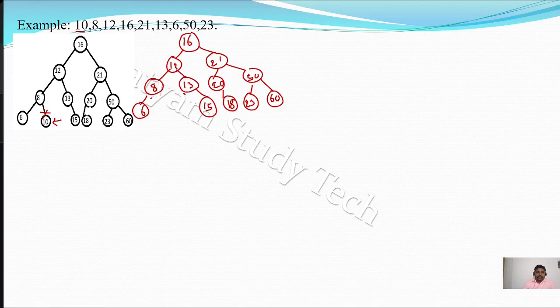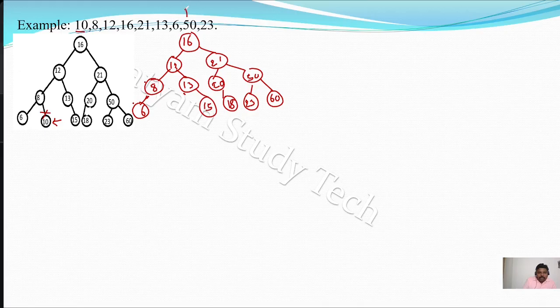After deleting, you have to check the balance factor, whether it is balanced or not. If it is not balanced, you have to perform some rotations. Here the balance factor of 6 is 0. Here it is 1. The left subtree is 2 and the right subtree is also 2, so the balance factor of 12 is 0. Like that you have to check the balance factor.